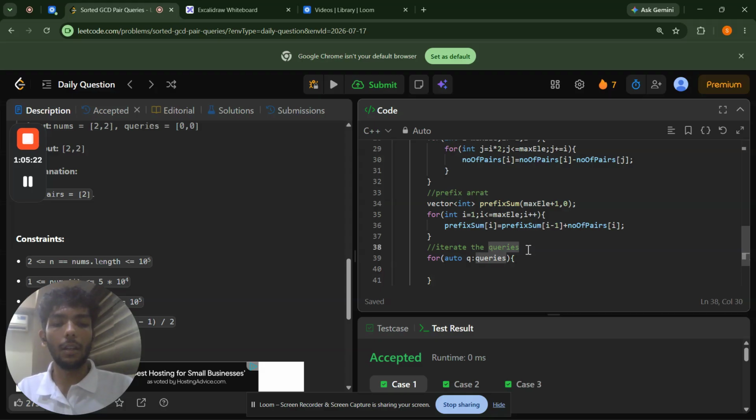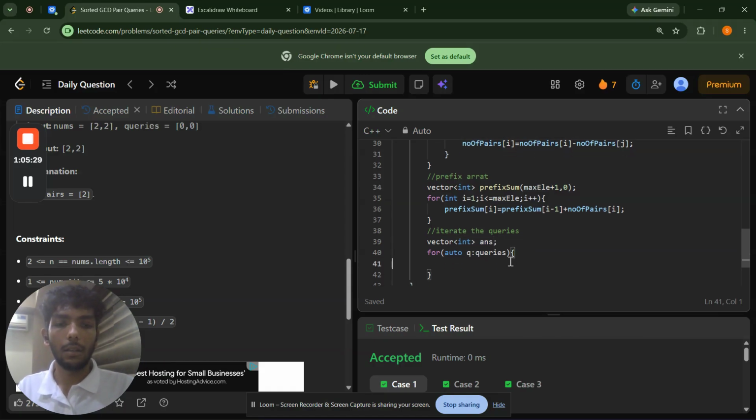We will declare one answer array. We want to find the upper bound of that query of i.